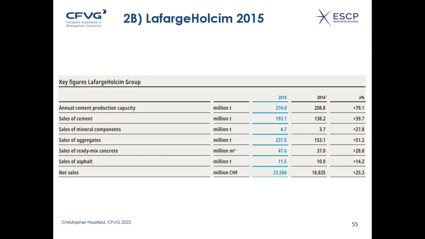That's out of 2015. So you see here the difficulty of comparing the numbers, because actually the 2014 numbers are Holcim alone. Holcim is a Swiss company. 2014 is Holcim alone. 2015 is Lafarge and Holcim together.